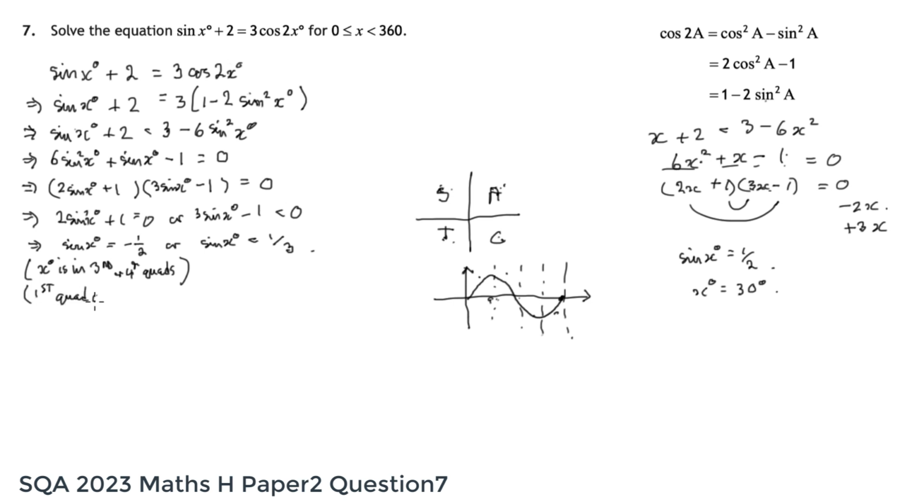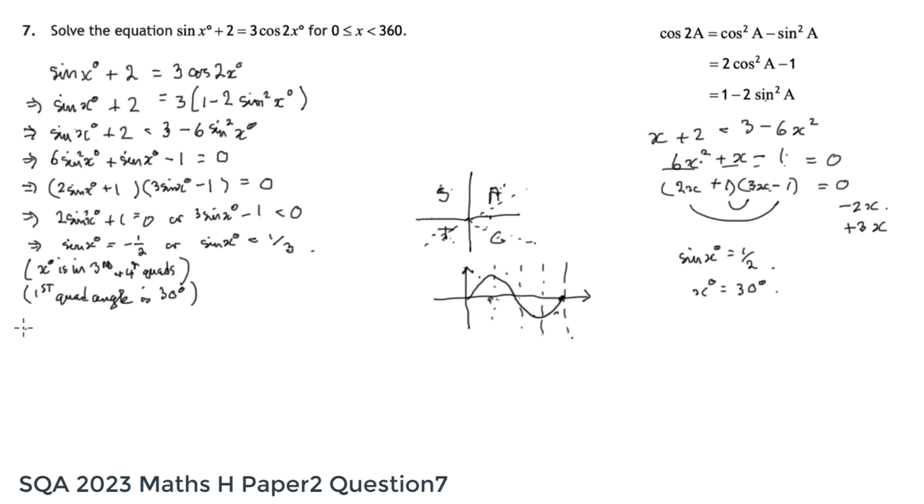First quad angle is 30 degrees. So remember, if you're in the third and fourth quadrants, you use this 30 degree angle to go all the way around to 180 and add 30, and then to get the equivalent fourth quadrant you go all the way round to 360 and subtract 30.